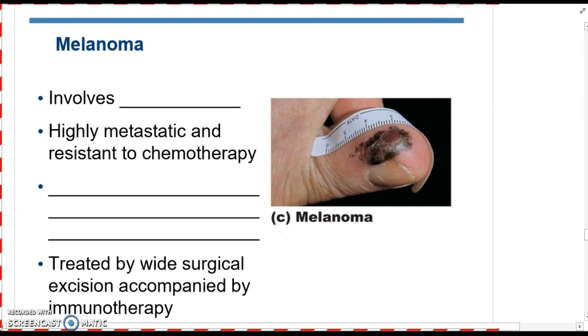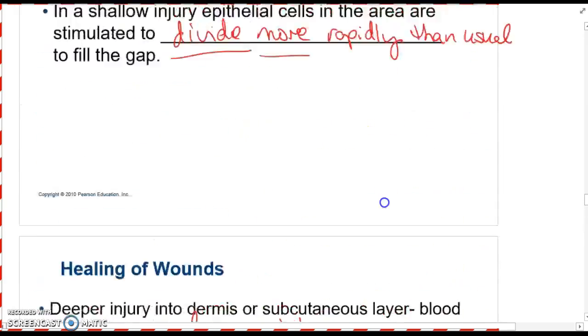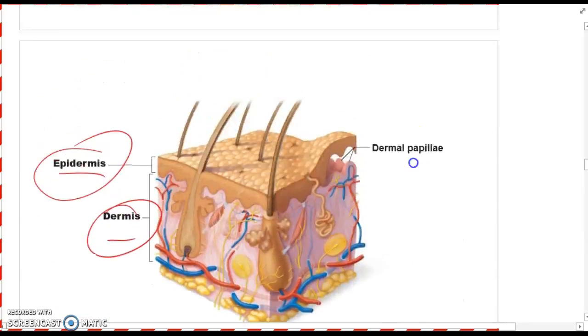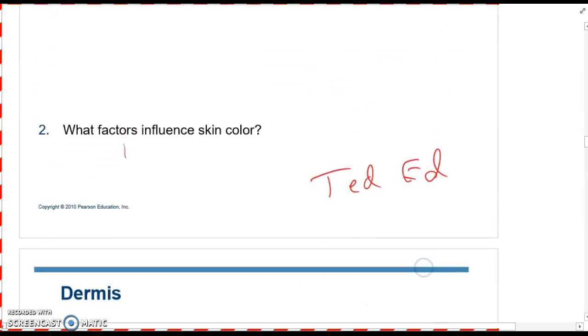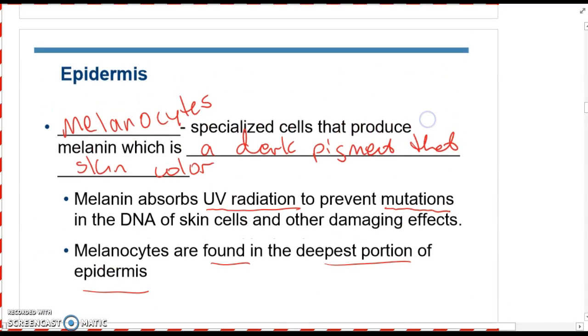So here's my melanoma. It involves those melanocytes that we had talked about before. Let me see if I can go back to where that was. Here we go. Those are the specialized cells that produce melanin, which gives you that dark color.